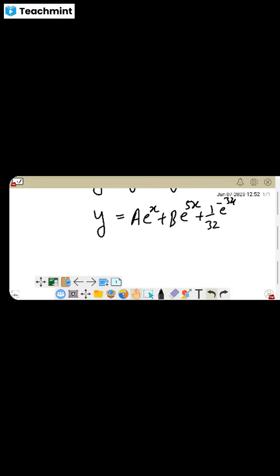Because CF is the same. Now let us understand how to find PI.